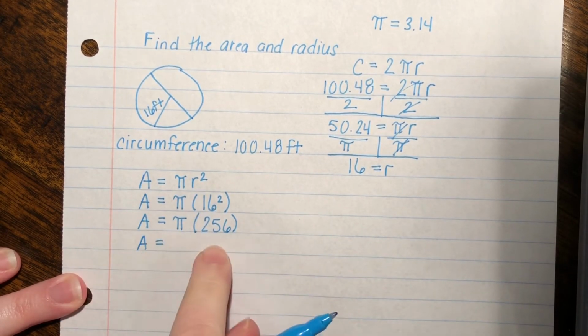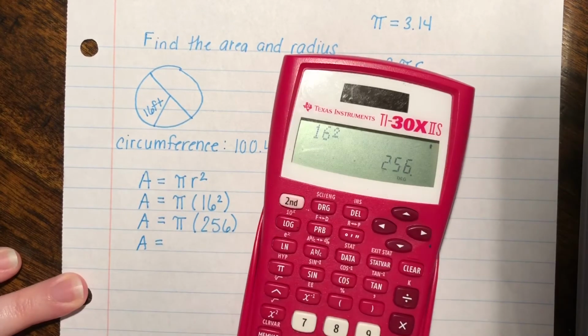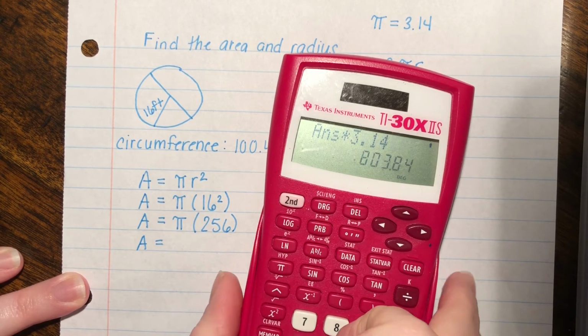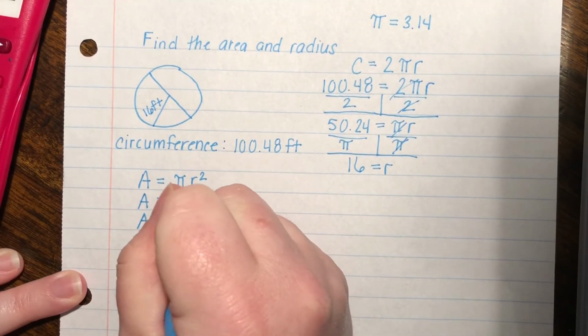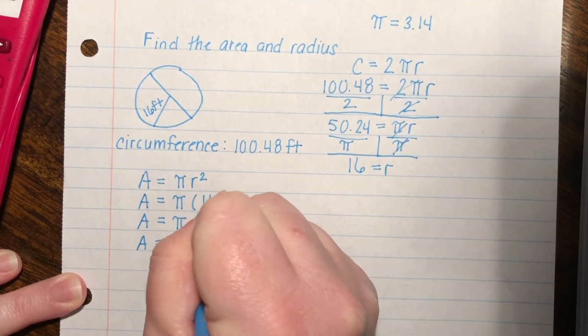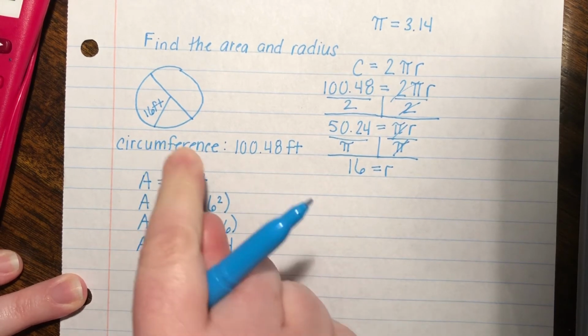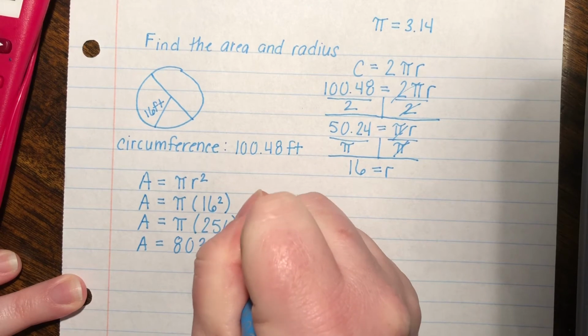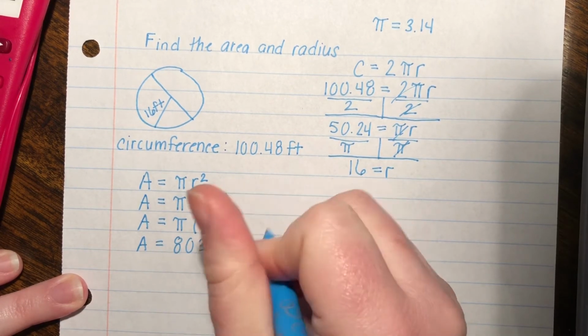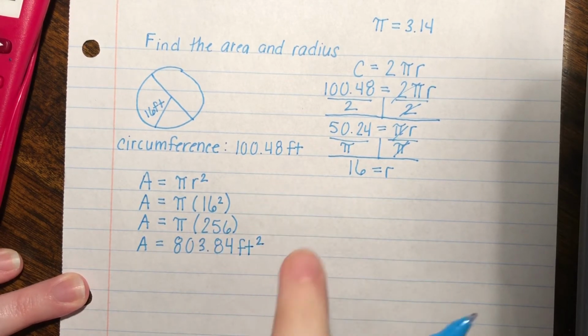So now we have pi times 256. I'm going to multiply that by 3.14, and we get 803 and 84 hundredths. So the area is 803 and 84 hundredths. Don't forget your units that we're using for this problem. It's feet, and area is squared, so don't forget to put squared, okay?